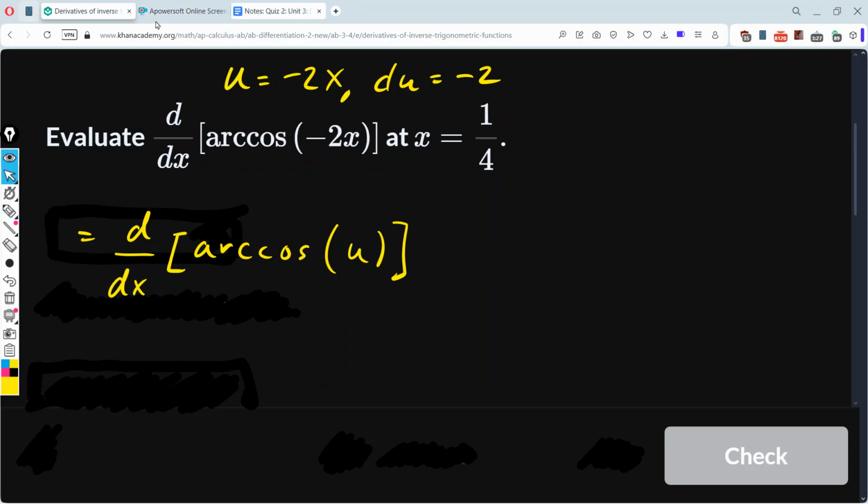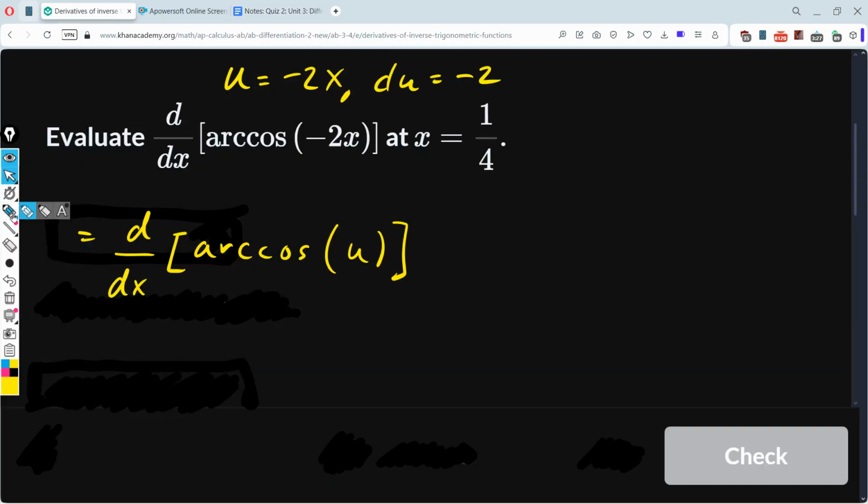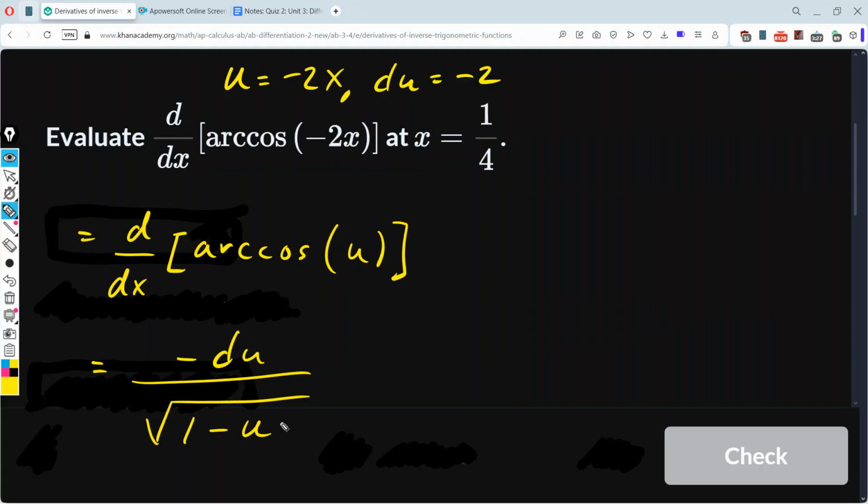All right, so let's use the one for arc cosine. It's going to be negative u prime over radical 1 minus u squared. All right, so this is going to be negative u prime, but I like to write du over radical 1 minus u squared. All right.